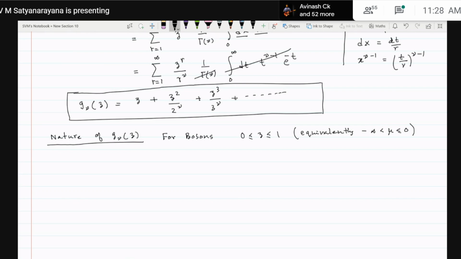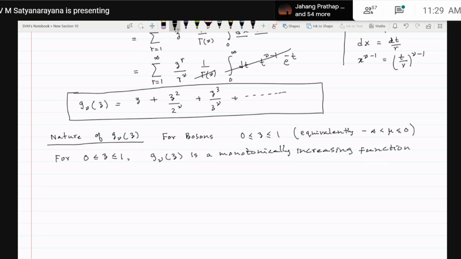So in this range, 0 less than or equal to z less than or equal to 1, notice that g nu of z is a monotonically increasing function of z. What does that mean?